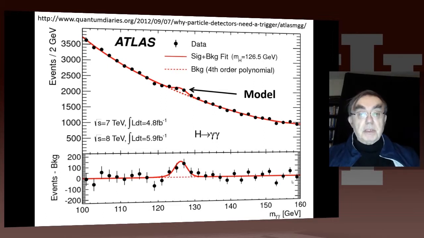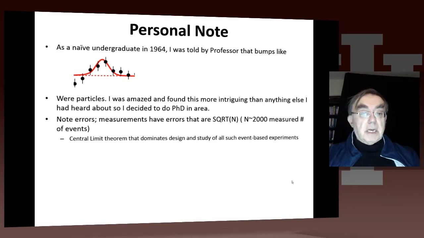Let me just make a personal comment. I still remember when I was an undergraduate at Cambridge University, and a distinguished professor at that university got up and gave a talk on what was called high energy physics or particle physics in those days. And he told me that this was a particle, this bump. And I was absolutely amazed because it didn't occur to me a bump was a particle.